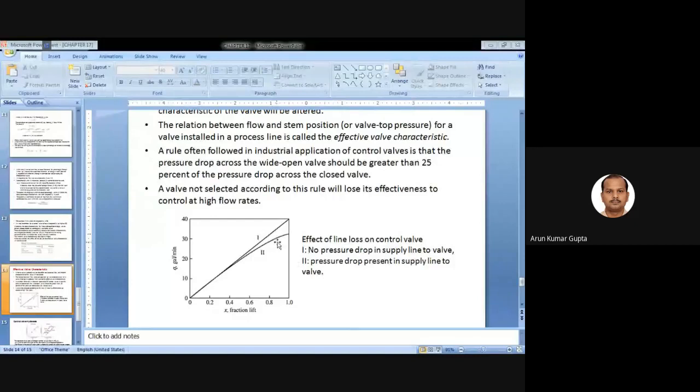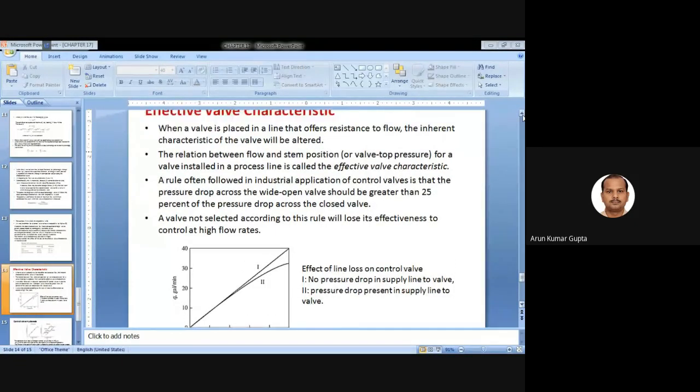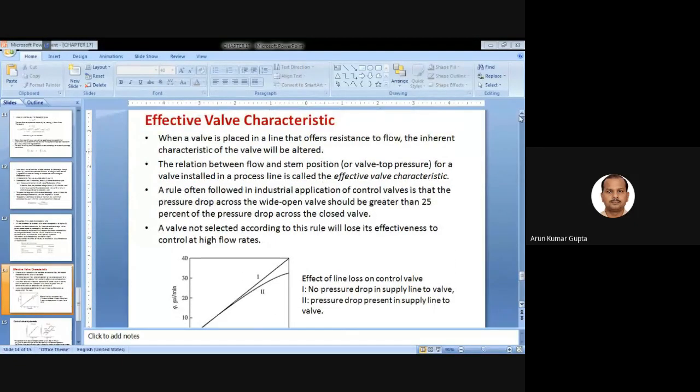So we have mathematically this kind of valve characteristics. Now the second terminology we use is the effective valve characteristics. It means up to what range they follow a particular relation. When a valve is placed in a line that offers resistance to flow, the inherent characteristics of the valve will be altered.